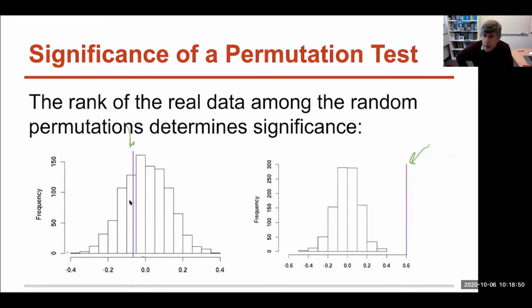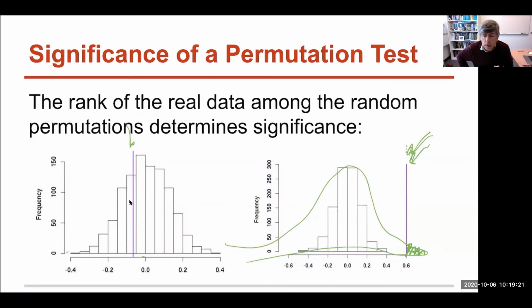The probability I would have gotten an observation like this by chance would be basically the size of that probability mass, the fraction of things that occurred by chance bigger than me.